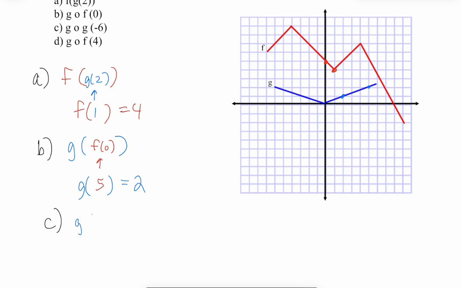It's g of g of -6. At -6, we're at a height of 2. So this becomes 2. And then we ask ourselves, if we use the g function again, if we are at x value of 2, we are at a height of 1.